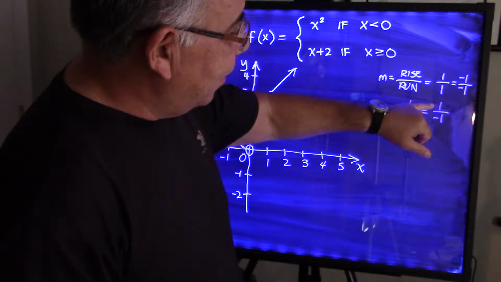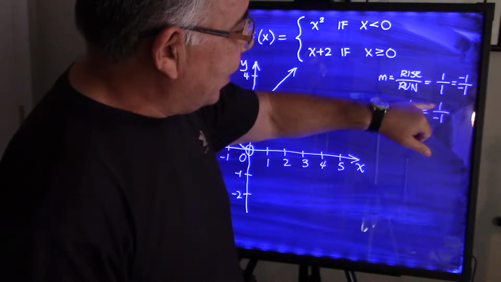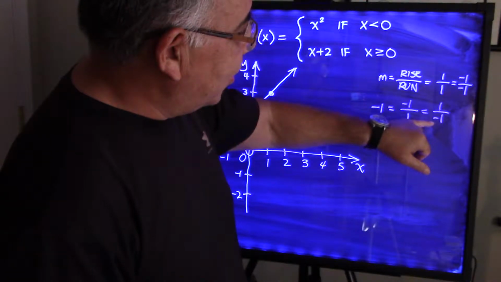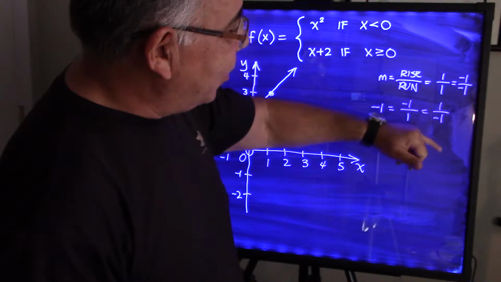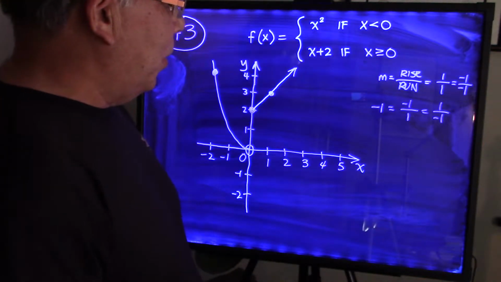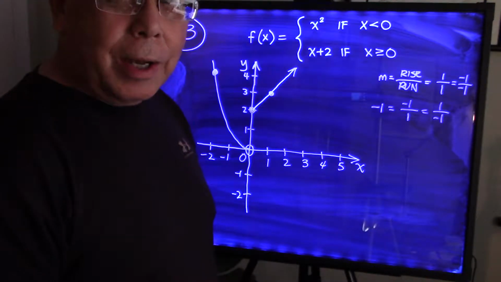On this one, a slope of 1 over -1, the rise would be +1, so you go up 1 unit, and the run of -1 means you go to the left, so you go up and to the left. Again, those might help you in certain contexts.